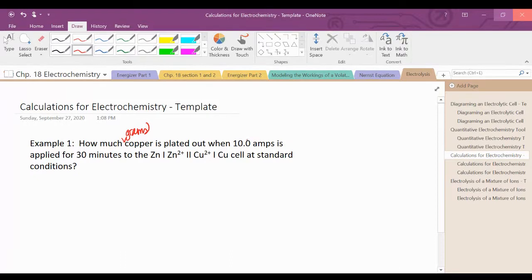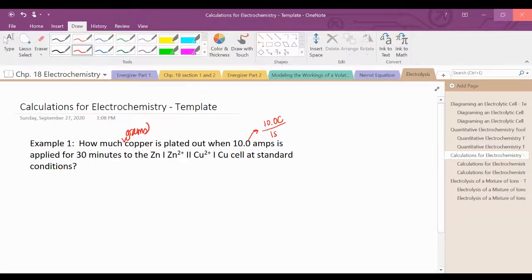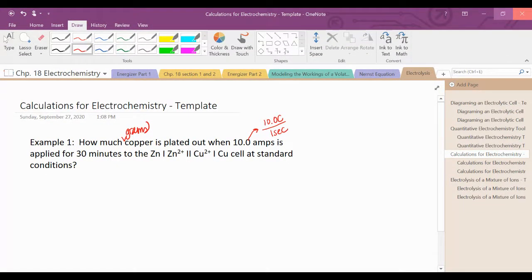So what this 10 amps really means is that there are 10 coulombs for every 1 second. And this current is applied for 30 minutes to our zinc copper electrolytic cell at standard conditions.